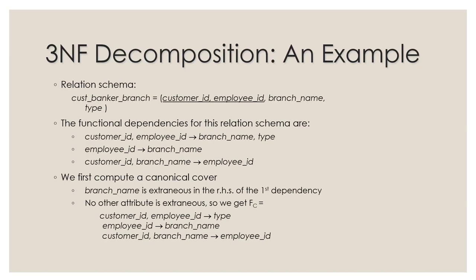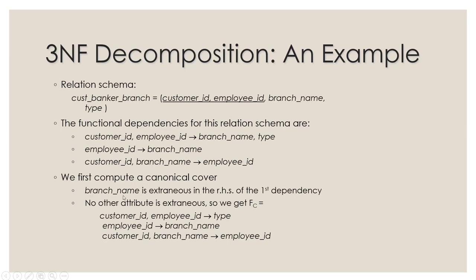Okay, so we want to compute the canonical cover. This is how you would decompose something, right? So we talked about getting rid of extraneous attributes. Sometimes the whole functional dependency is extraneous because we're able to infer it using other ones.